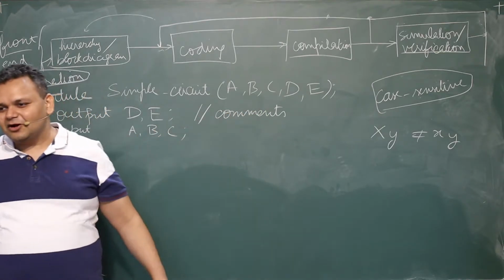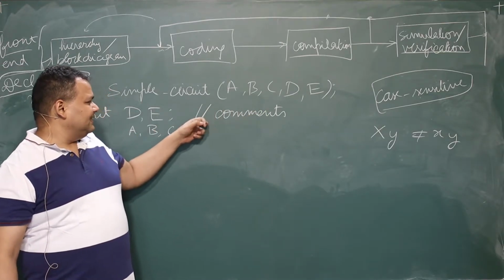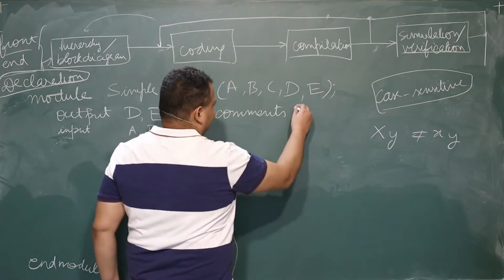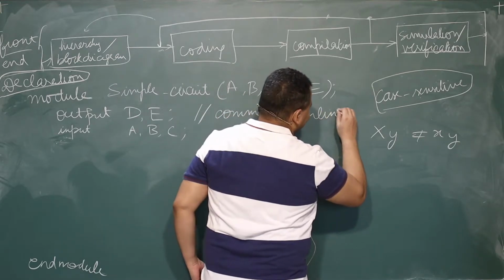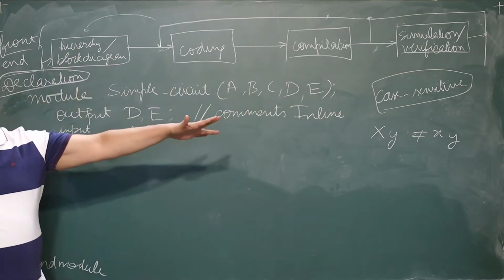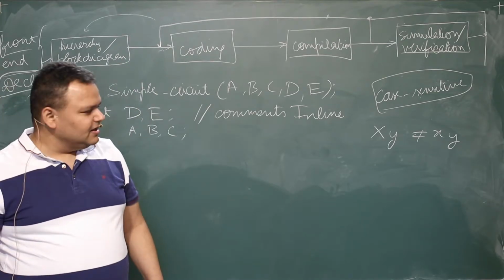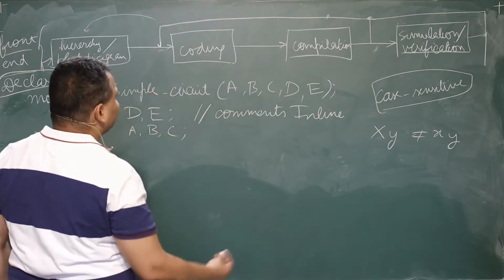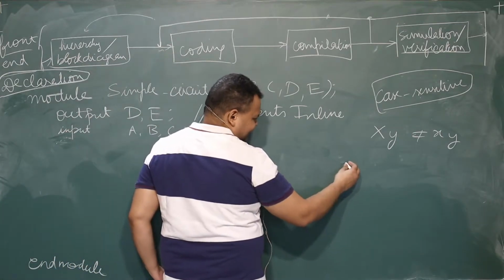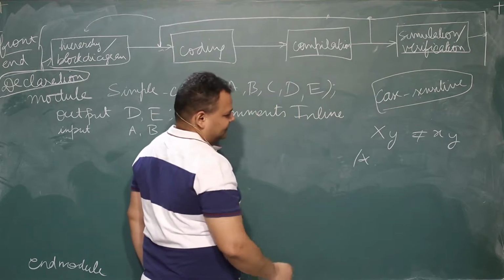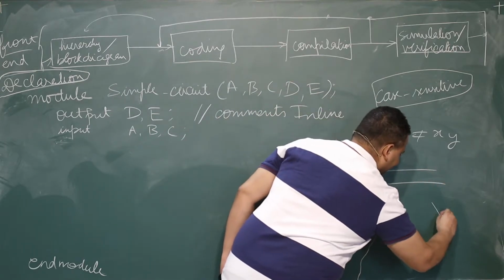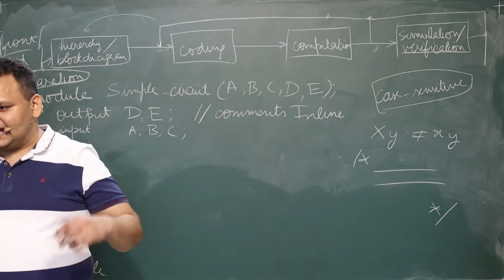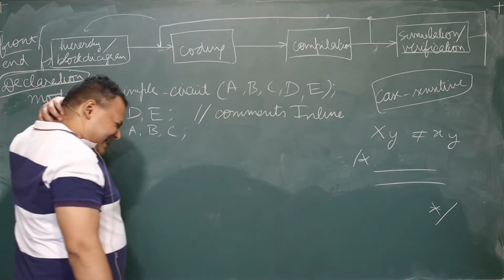In Verilog, comments start with two forward slashes. This is an inline comment, a single line comment, done by double slash. If you have multiple line comments, you start with a slash star, write whatever comments you have to write, and end with a star slash.